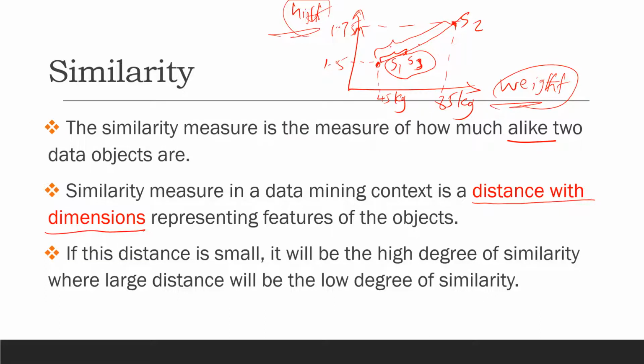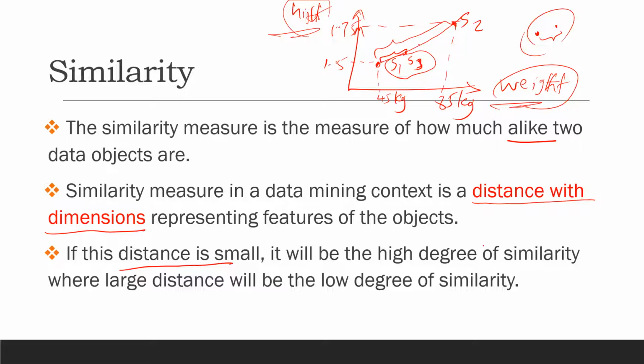So whenever we look at different objects, we consider different numbers of parameters, attributes or dimensions. What will happen if the distance is small? They are highly similar objects. If the distance is small, they are close to each other, so they have a lot of similarities.